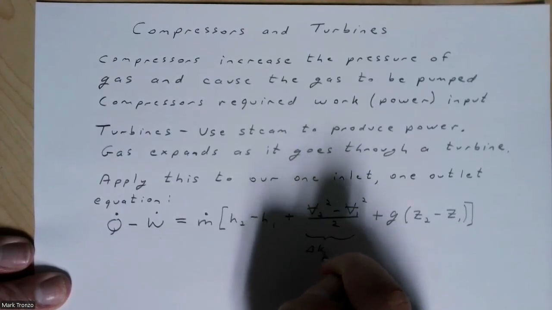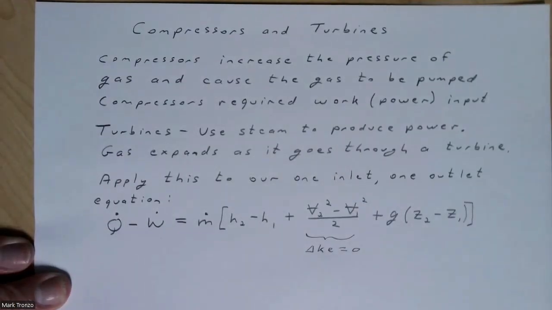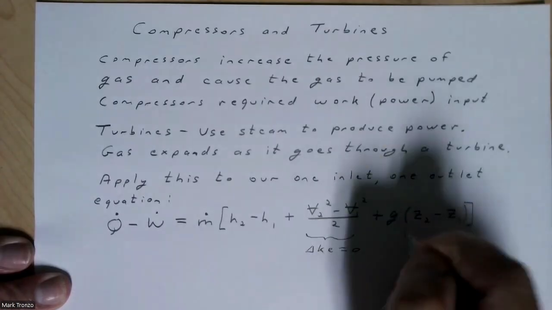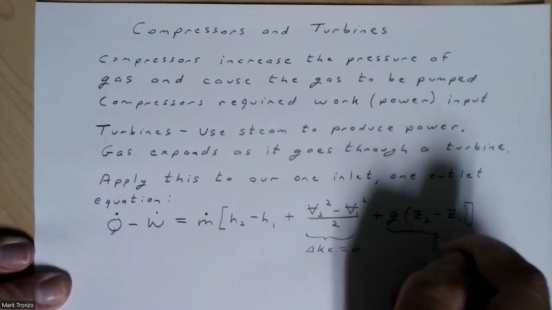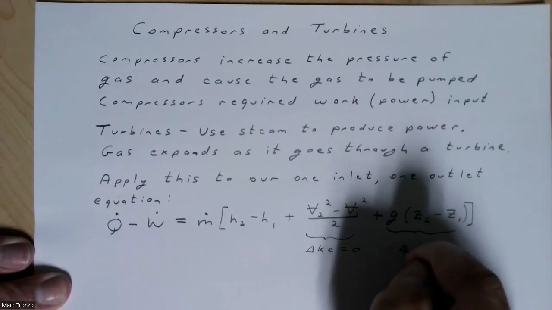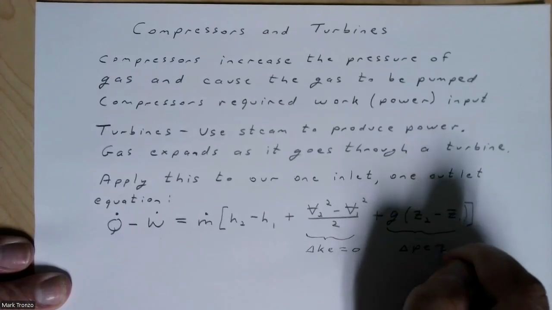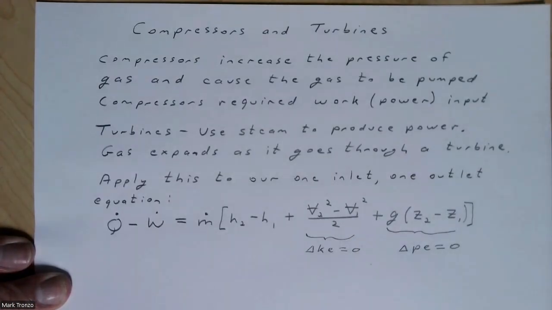That's a normal assumption you can make when dealing with compressors or turbines. And then over here, we're also going to assume there's little or no change in the elevation. That's almost for sure. So that the change in potential energy is going to be zero.